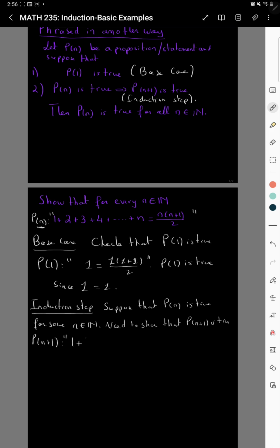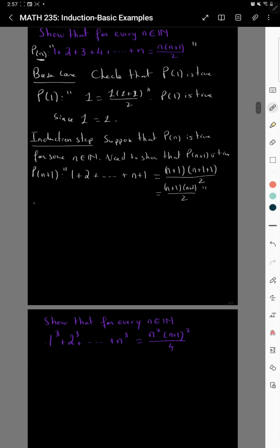So P(n+1) is 1 plus 2 plus up to n plus 1, so really, the sum of the integers from 1 to n plus 1 is equal to (n plus 1) times (n plus 2) over 2. Now, in order to show this, I need to use the induction hypothesis.